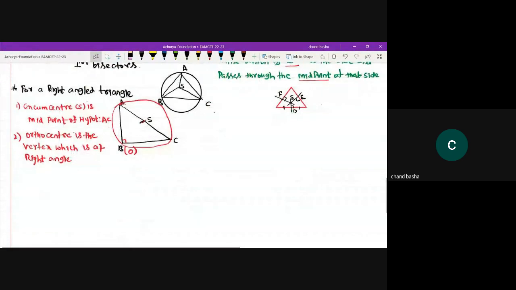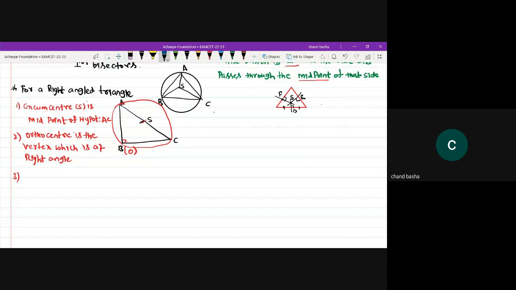Next, point number 3, the third point. This is one of the most important topics for an equilateral triangle or centroid. First, I can discuss this.